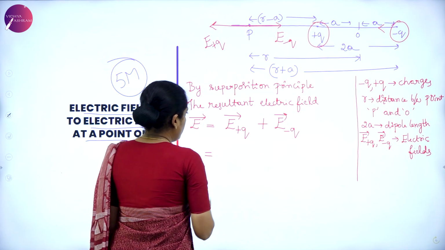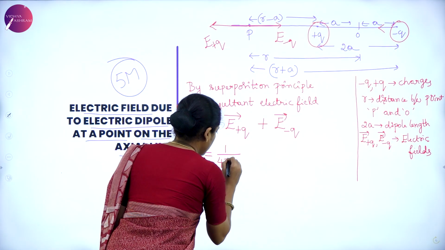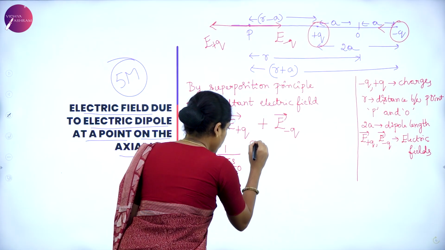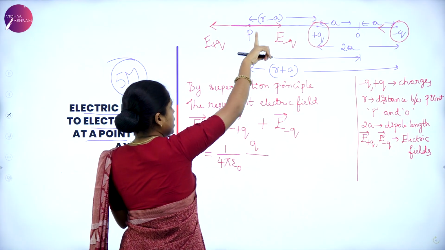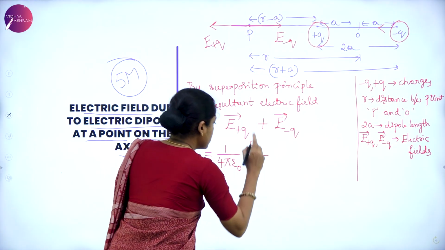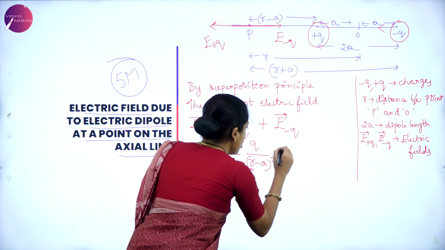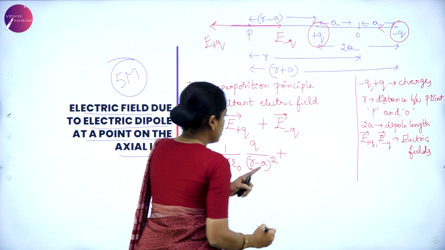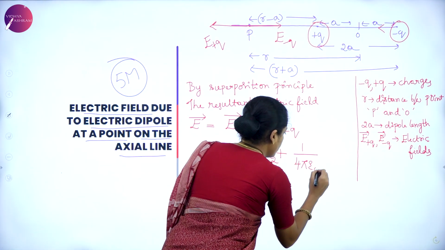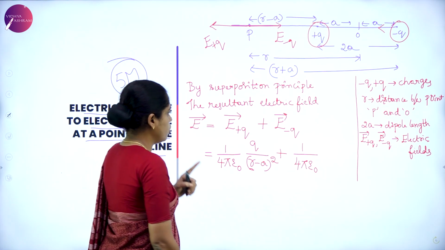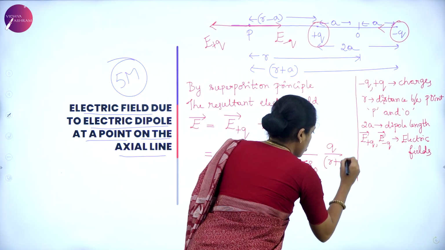Next, what is the expression for the electric field? The expression is 1 by 4 pi epsilon naught Q by the distance of plus Q from the point P, which is r minus a. That distance you have to write in denominator: (r minus a) whole square. Same way, write the expression for electric field due to minus Q: 1 by 4 pi epsilon naught Q by (r plus a) whole square.